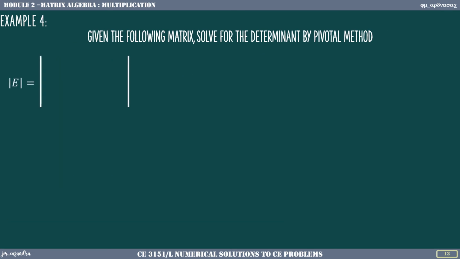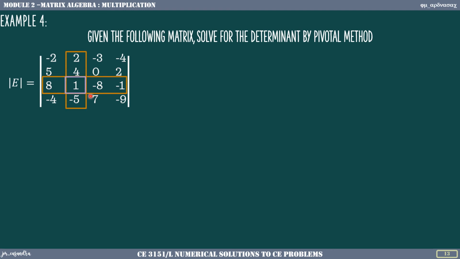Another example, matrix E, which is a 4 by 4 matrix. So in this solution, I will be choosing the single unity element at 3, 2. So we'll eliminate temporarily its column and its row.